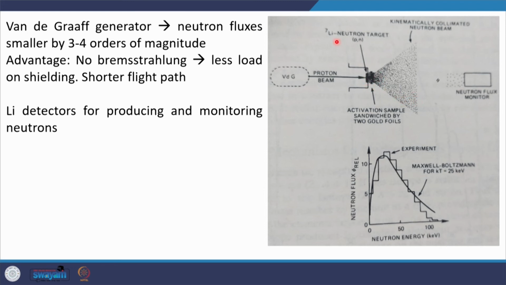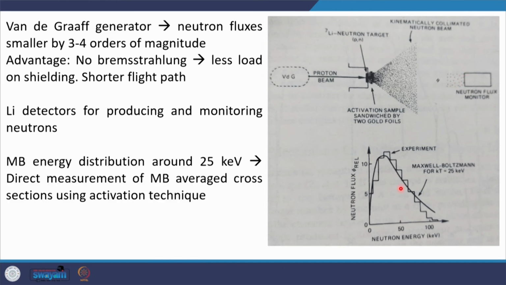For producing the neutrons, lithium 7, as I said, protons plus lithium 7 gives rise to beryllium, okay, and it gives you neutrons, isn't it? And if you allow a proton to fall on beryllium 8, then it is beryllium 9, boron 9, and a neutron is produced. So, here I am also using a neutron flux monitor, so that I come to know what amount of neutrons is emitted in the reaction.